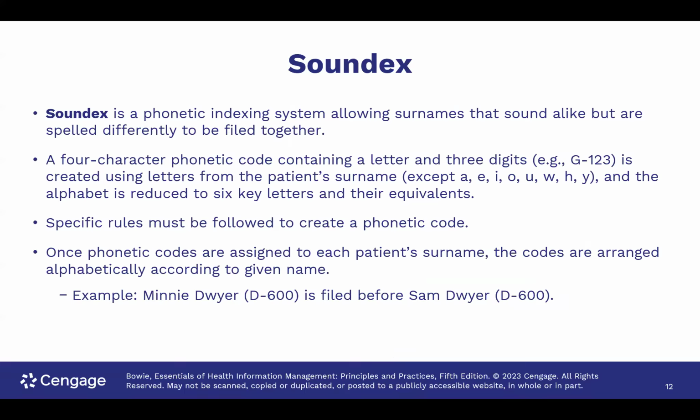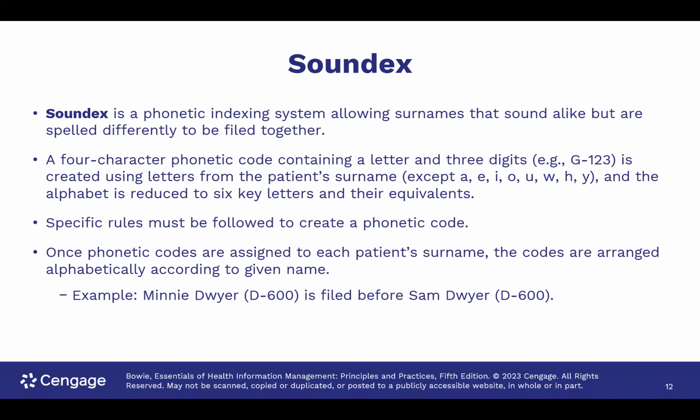The Soundex is a phonetic indexing system that allows surnames that sound alike but are spelled differently to be filed together. And the way we do this is we have a 4-character phonetic code containing a letter and 3 digits. So it's G123.